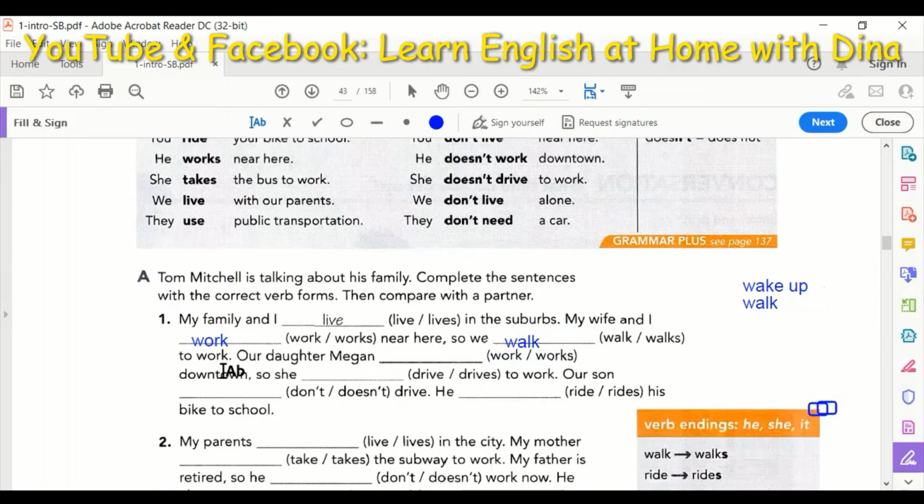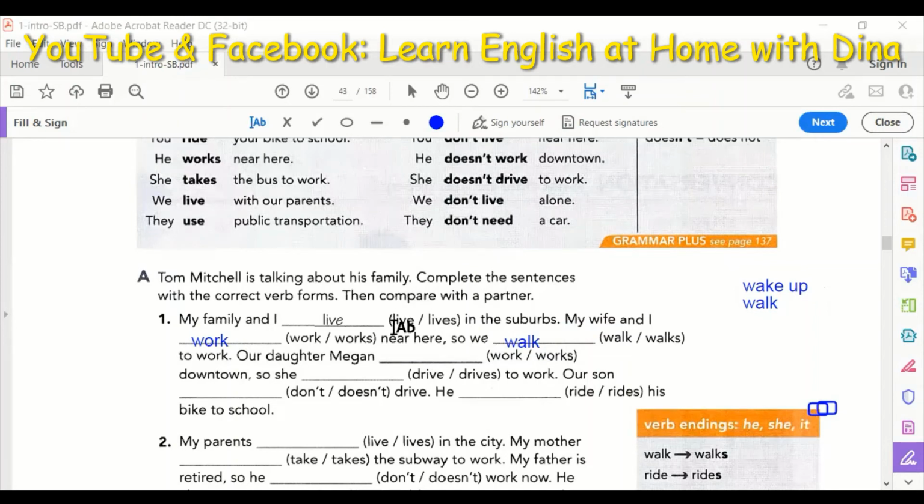So our daughter Megan work or works. Our daughter Megan work or works. احنا درسنا كلمة daughter طبعا عرفناها daughter ابنة. So لو أنا هستبدل الضمير الاسم ده بضمير هقول she.